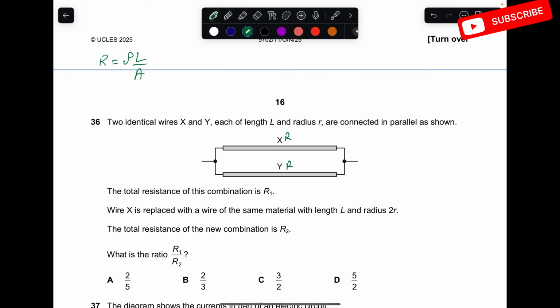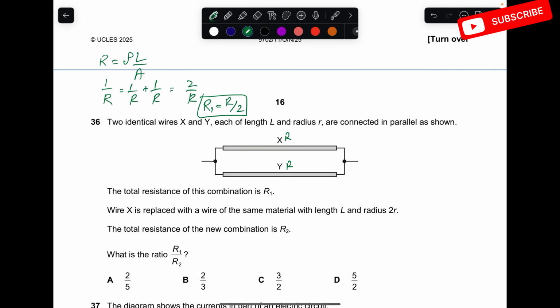So for the parallel combination, 1 over R1, that is initial, is 1 over R plus 1 over R. So it will give you 2 over R. It means R1 can be written as R over 2.